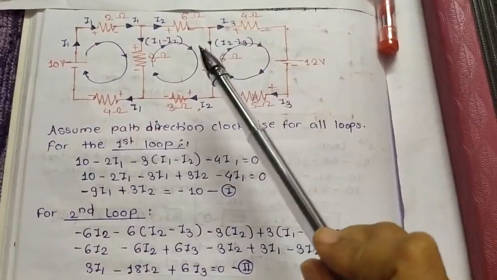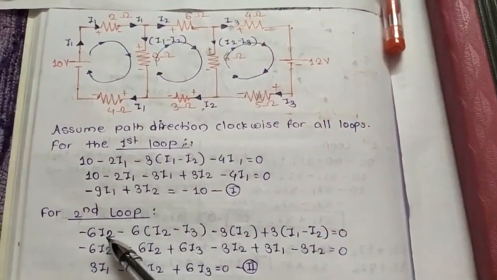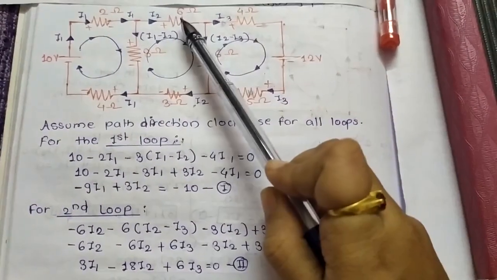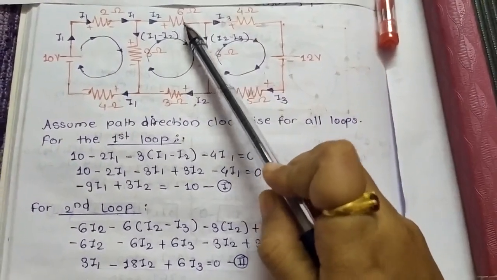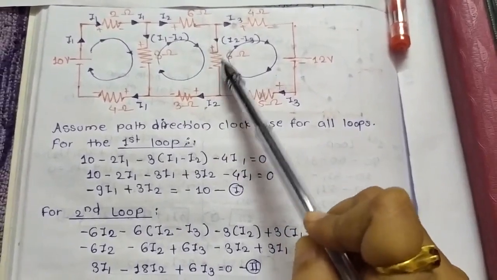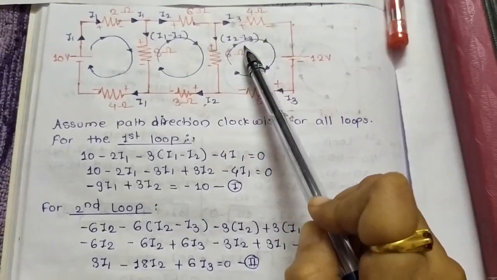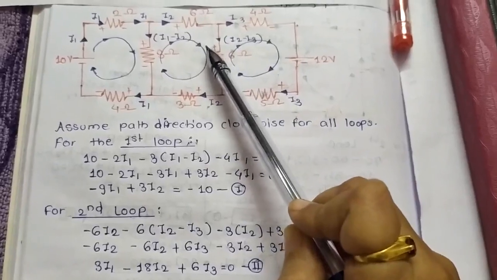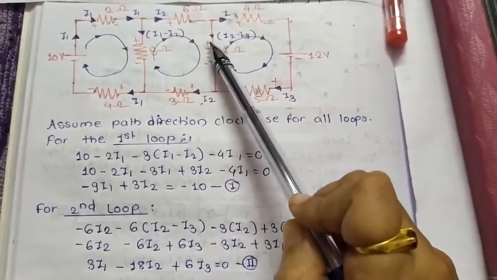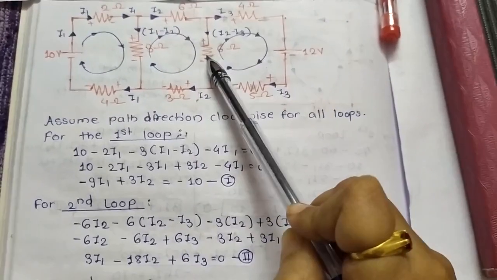Now see the second loop. Minus 6I2, why? Loop direction, current direction is the same. Again minus 6 into I2 minus I3, because again the loop direction which we consider and the current flowing direction is the same.